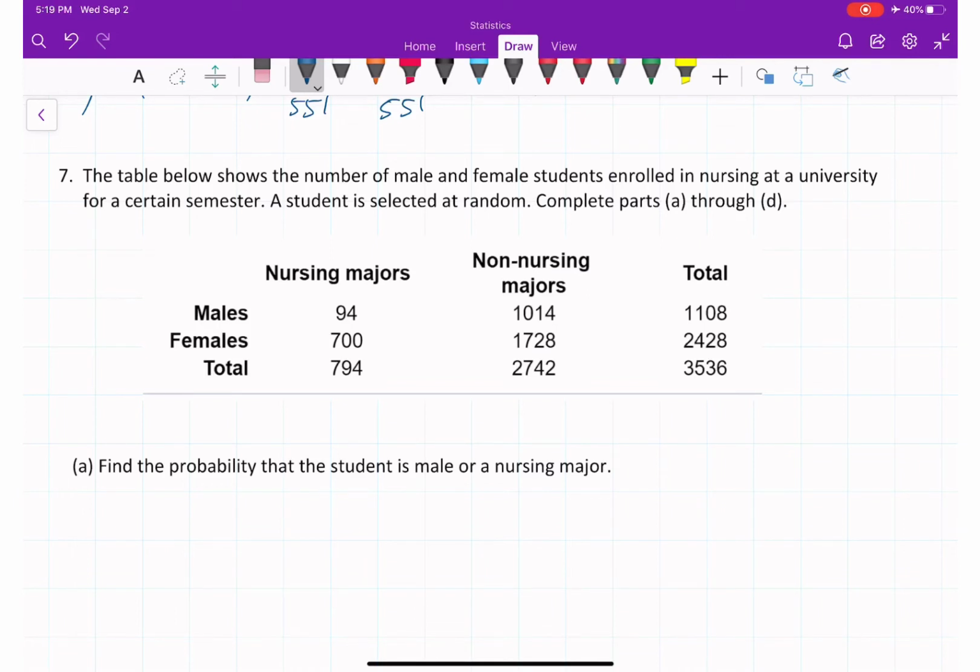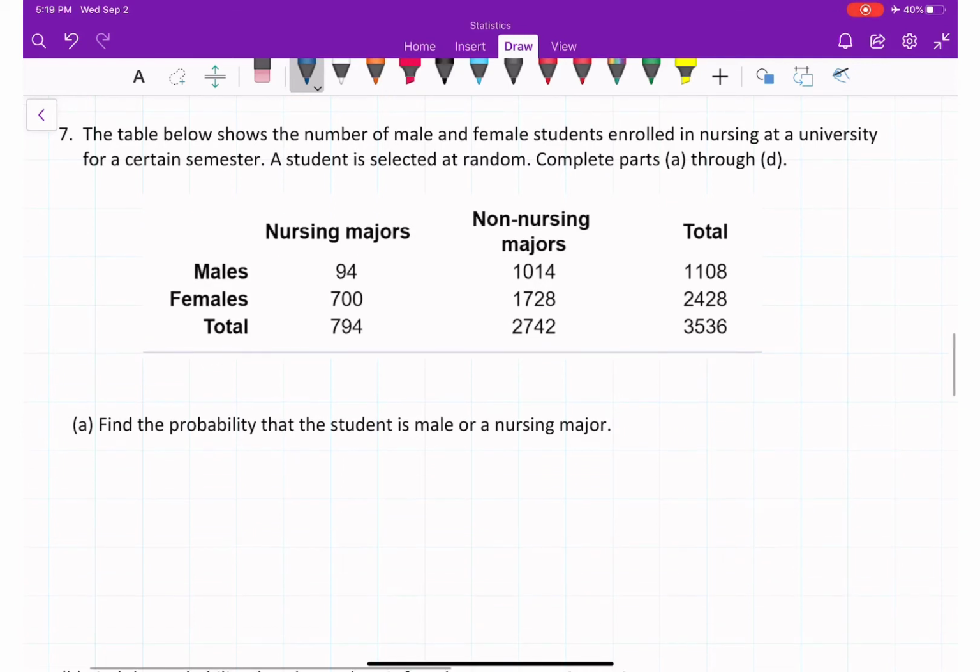Complete parts A through D. A. Find the probability that the student is male or, which means we are going to have addition, a nursing major.